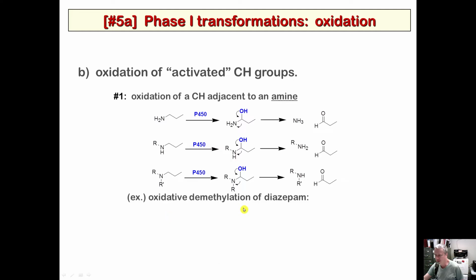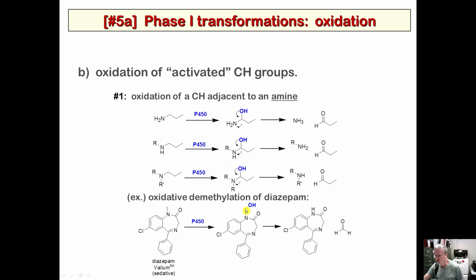Example of this is oxidative demethylation of diazepam, which is Valium, the sedative molecule. So you have a methyl group in Valium, and P450 will oxidize it to this intermediate with the hydroxy group, and then the oxygen kicks. What happens?